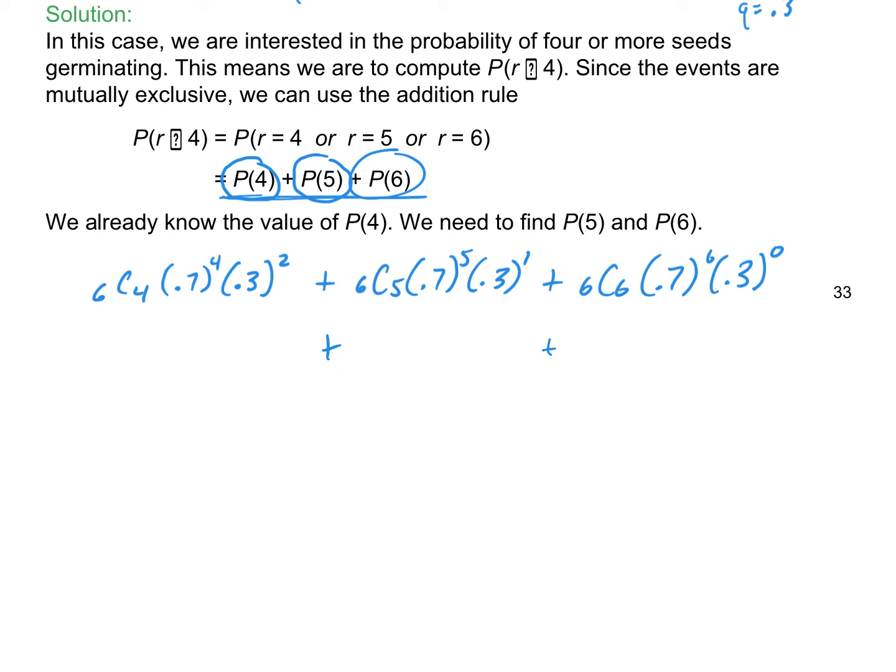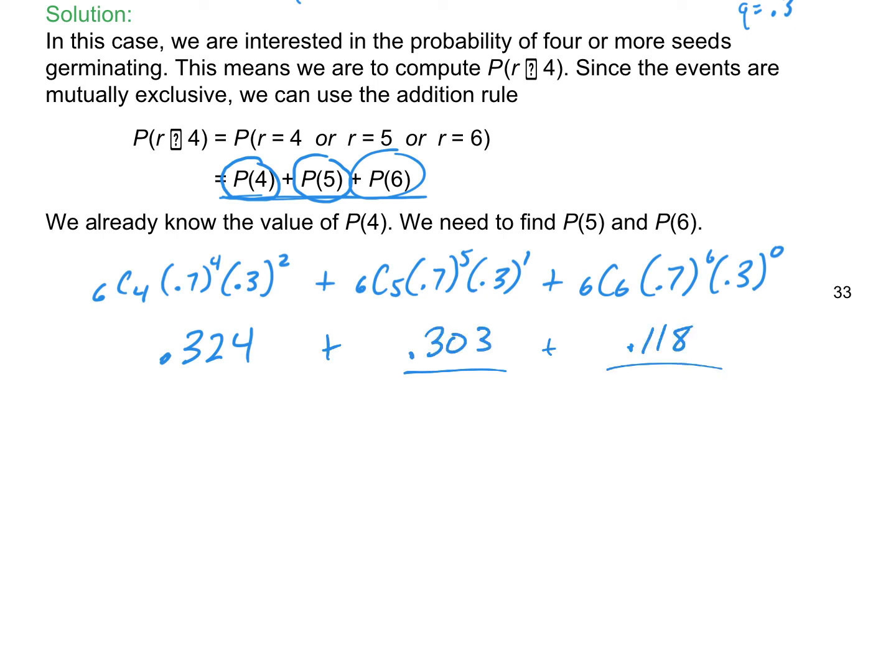So 6 math C4 is 15 times 0.7 to the power of 4 times 0.3 squared, enter. I get 0.324. Okay, I'm going to pause this and I'm going to get these other 2 answers right now.